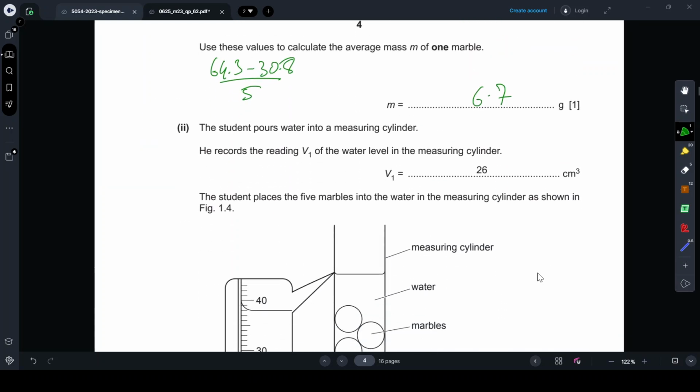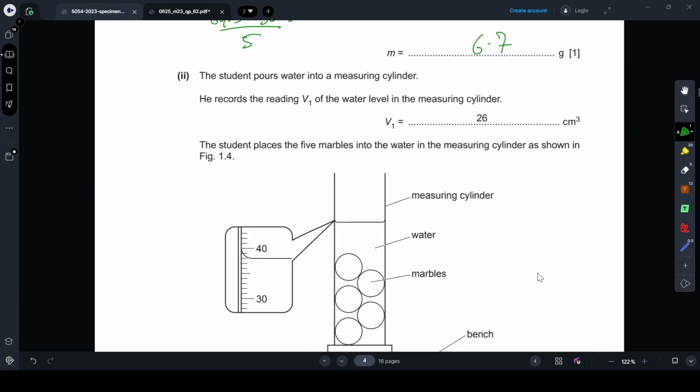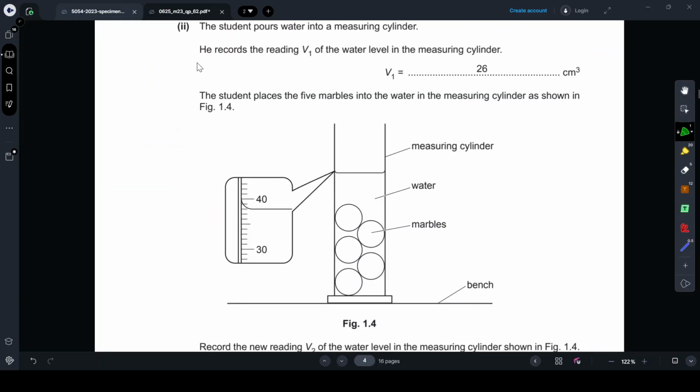Okay, the student pours water into a measuring cylinder. He records the value V1 of the water level in the measuring cylinder. That's 26 centimeter cube. The student then places 5 marbles into the water in the measuring cylinder as shown. Right, so these are 5 marbles.